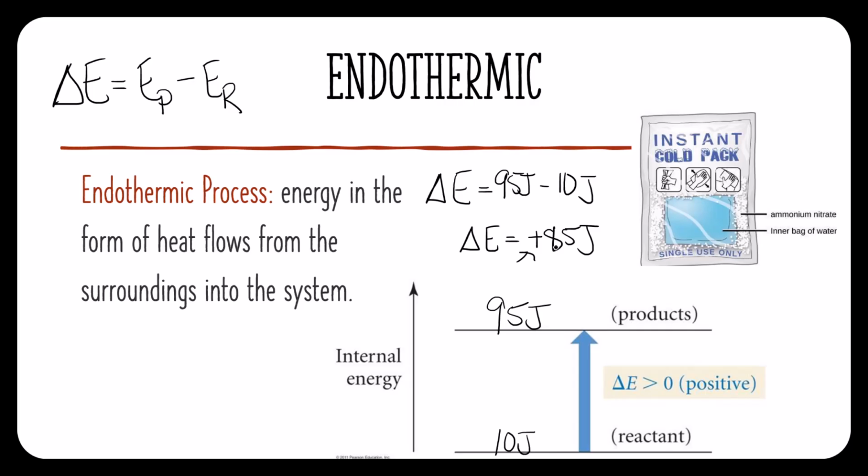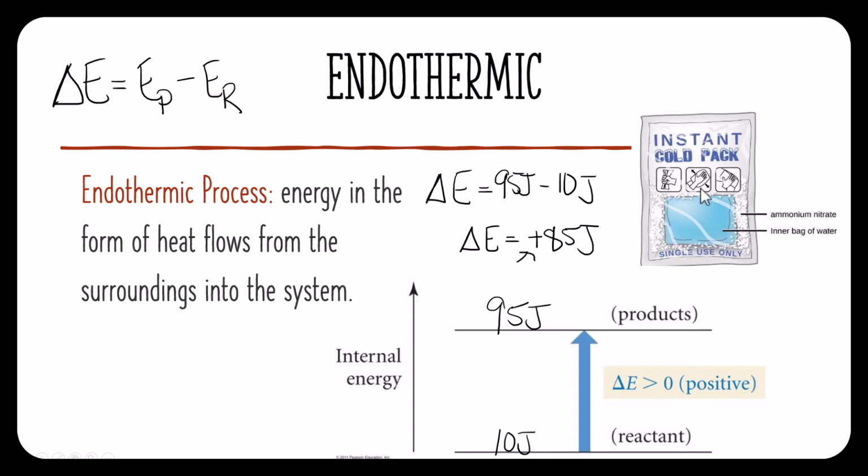Now, how would we observe this? So this one's a little bit trickier, but let's think about an ice pack, right? So with an ice pack, I punch the inner bag, right? It explodes. The ice pack starts to feel cold. What's actually happening there is the ice pack is absorbing heat from your skin.